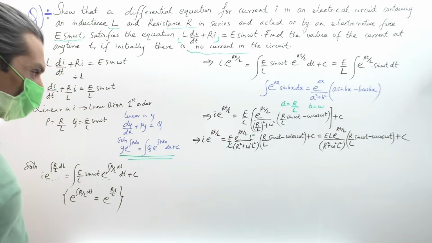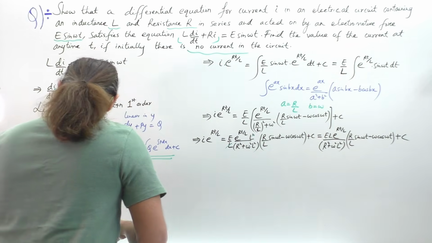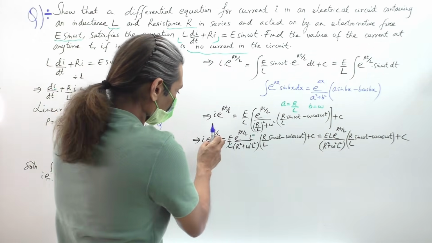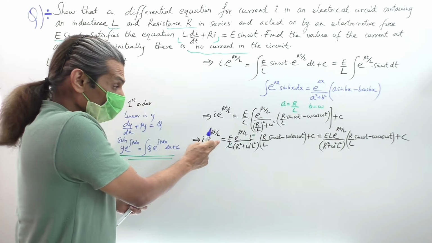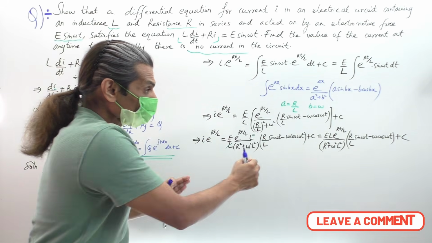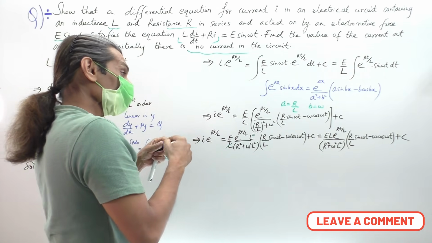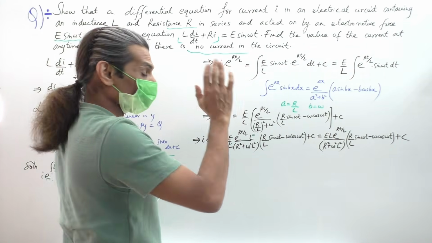Now I have this equation. Watch carefully, there is a factor here, e raised to rt by L, here also. I can simply cancel it, or I divide by e raised to rt by L.